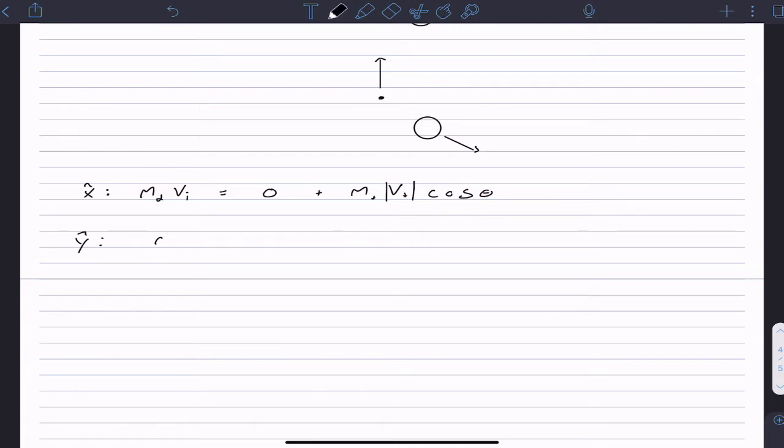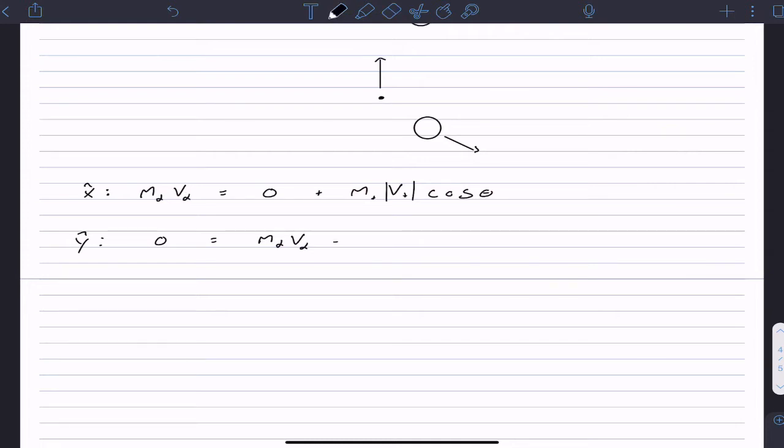Now the y direction, we had 0 initial velocity in the y direction for the alpha particle. But then we're told that it changes course by 90 degrees, and we have an alpha mass and a velocity. We're told it's the same speed.